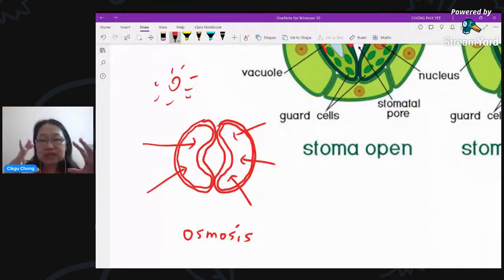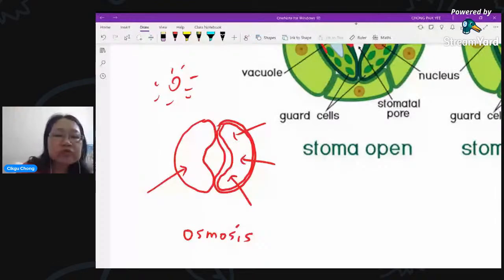It will expand. So it's like a lot of pressure inside there. But in the cell, it's not air pressure, it's water pressure. That water pressure will push against the wall. It will push everywhere. We call it hydrostatic pressure.